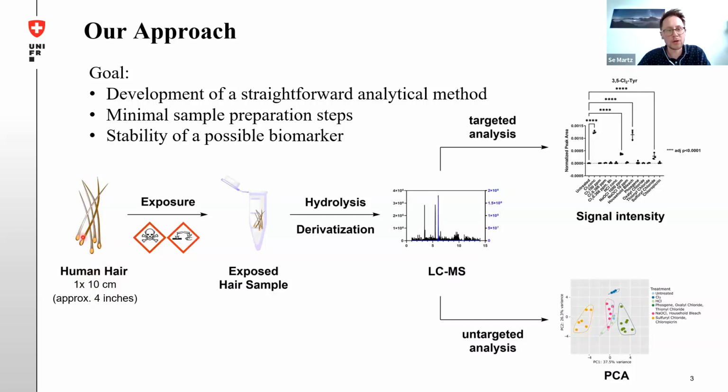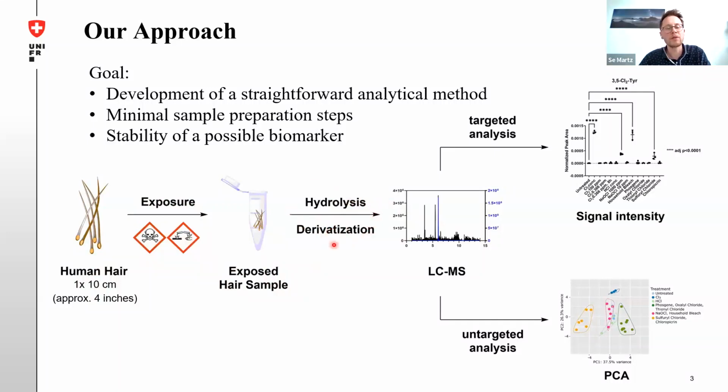And so we took human hair and we exposed it to a whole set of chlorinating agents, because we all know there are various ways to introduce a chlorine atom into an organic molecule. And then we took our exposed hair samples and went for a complete hydrolysis and derivatization.